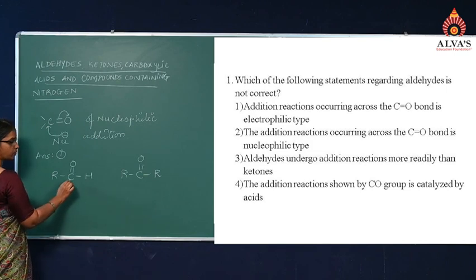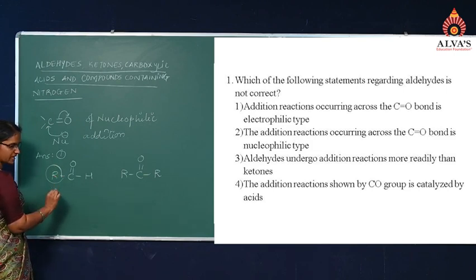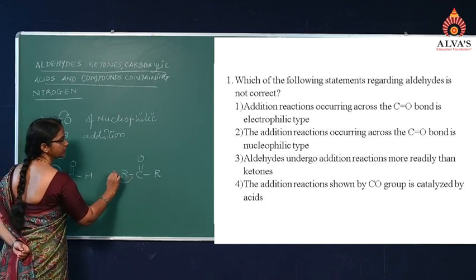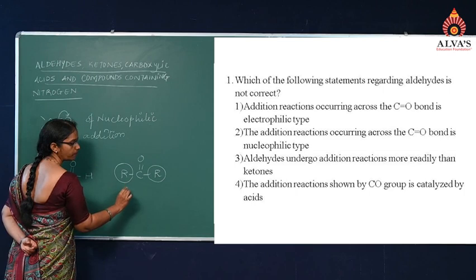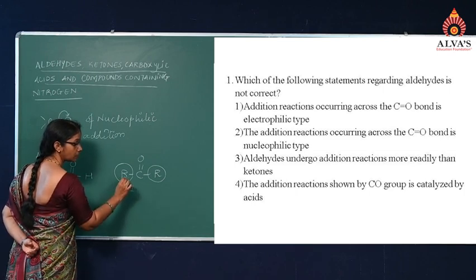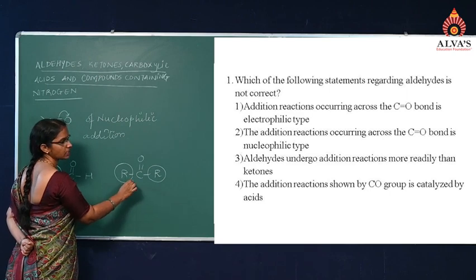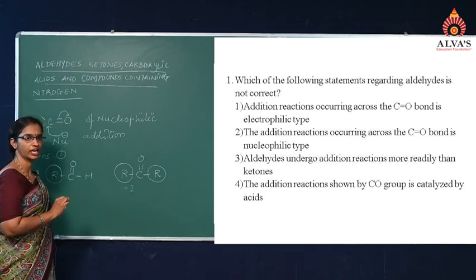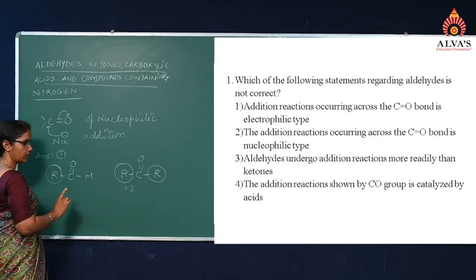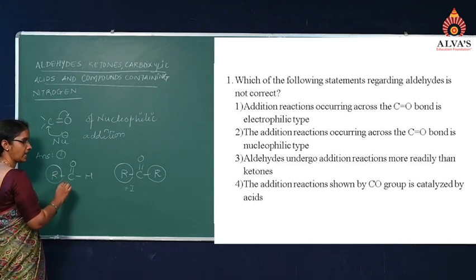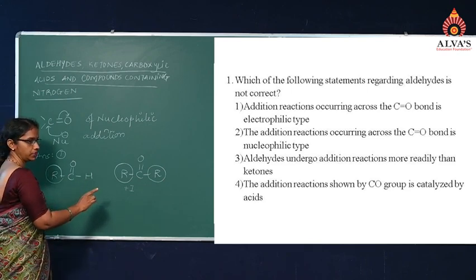Aldehydes have the carbonyl carbon attached to only one alkyl group which shows a plus I effect, whereas ketones have two alkyl groups which show a plus I effect. As a result, due to the plus I effect in ketones, the carbonyl carbon is less electrophilic. As a result, the reactions are shown by aldehydes more easily compared to ketones.